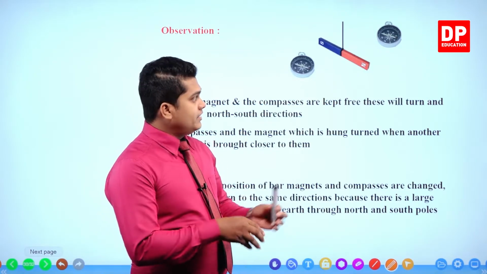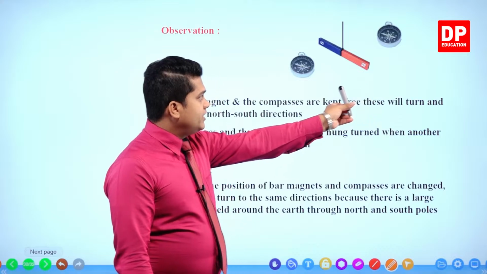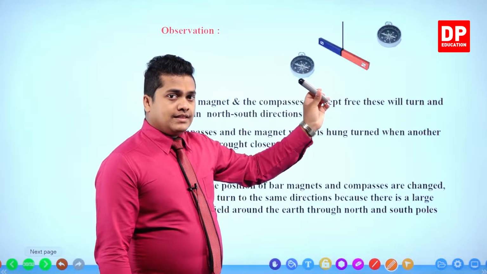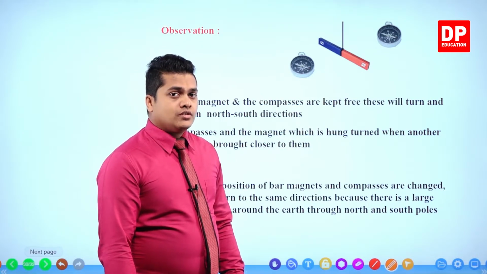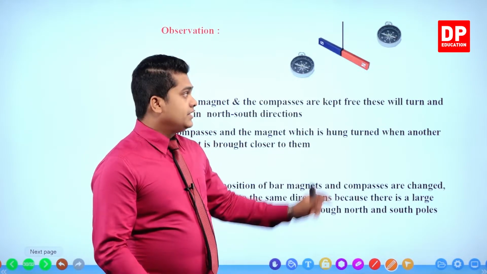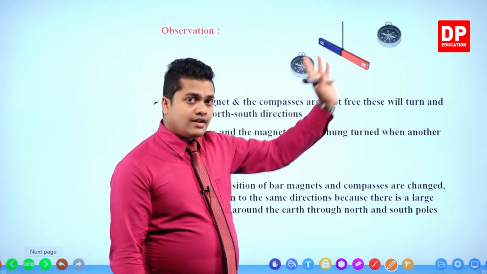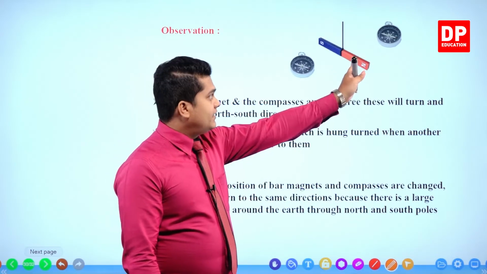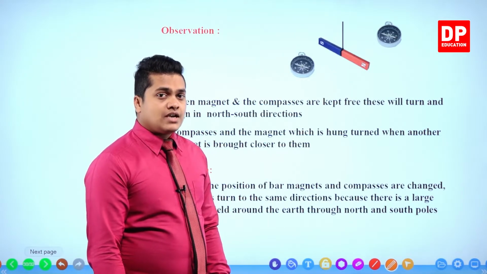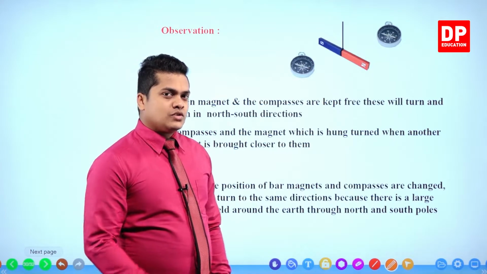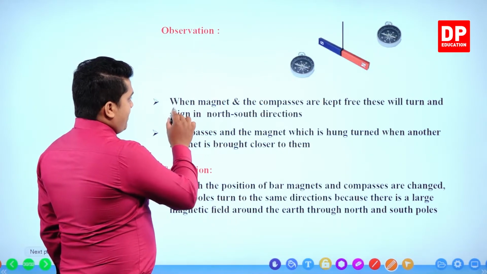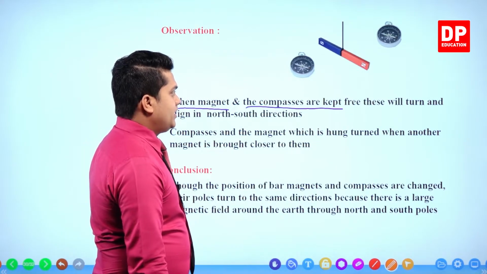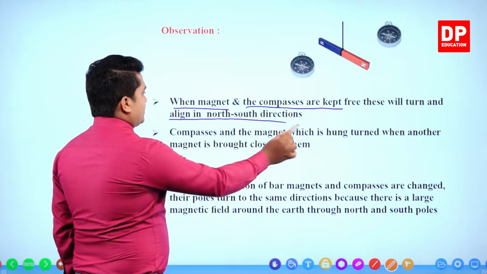When you bring a different magnet near to these three instruments, we can observe a deflection in the readings of the compasses, as well as a deflection in the hung magnet. When the magnet and the compasses are kept free, they turn and align in the north and south directions.